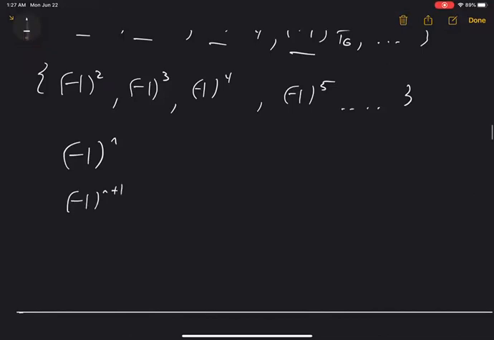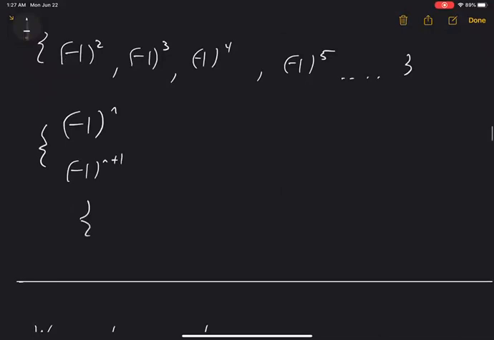Okay. And there's a difference here. Let's say I have a sequence that goes like positive 2, negative 4, positive 6, negative 8. So it's starting on a positive. I would use this form.